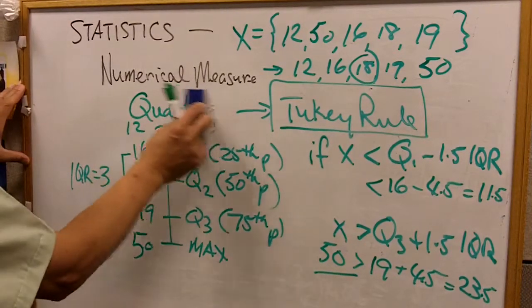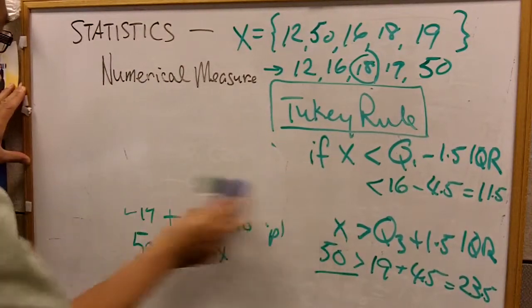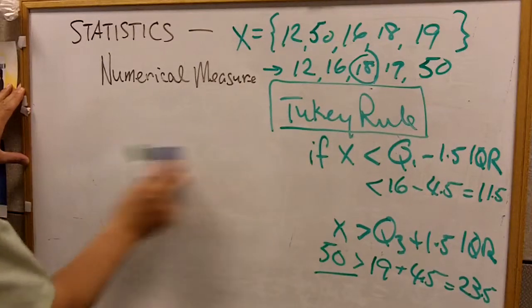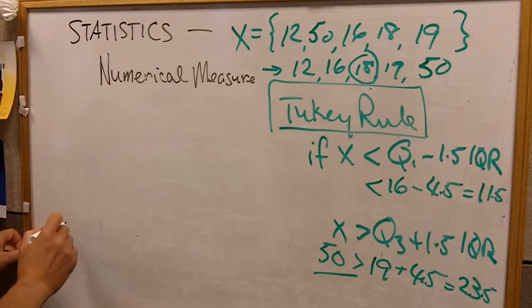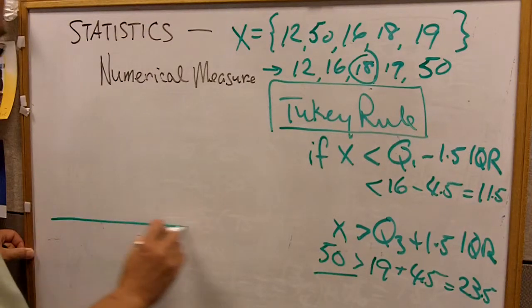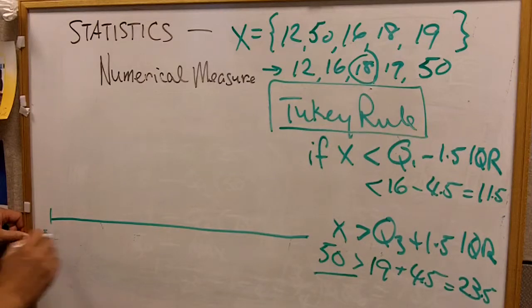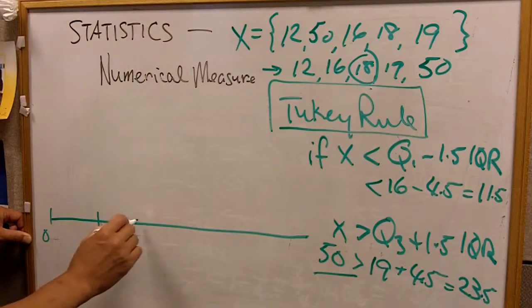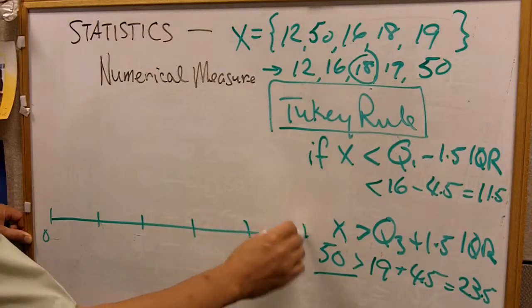Now let's turn it around and see how this can be displayed using a box plot. We call it a box plot, or sometimes a box and whisker plot. So what I want to do is to set up a scale. Let's say we start from 0 and, arbitrarily, 10, 20, 30, 40, 50.